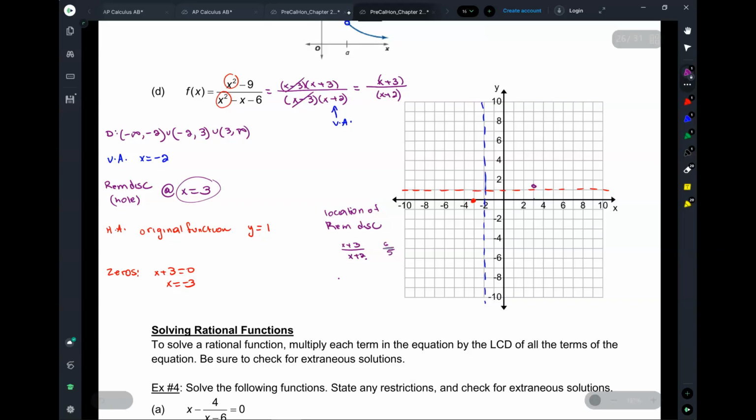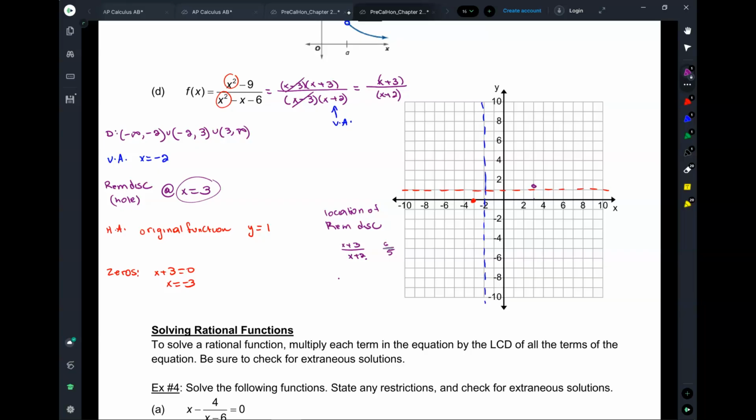Now, you can never say at x equals 3, y is 6 over 5. You can never be caught with that. You can think it maybe for a split second, but you can never say it, because technically the graph is undefined at that point. But that's a very efficient way to find where to put that hole.